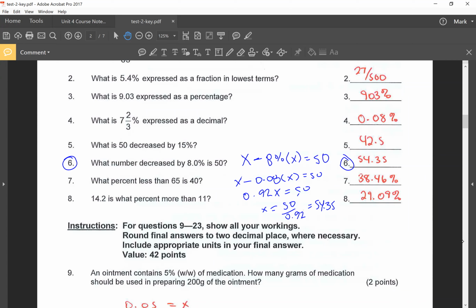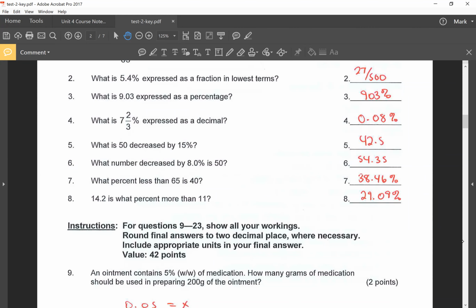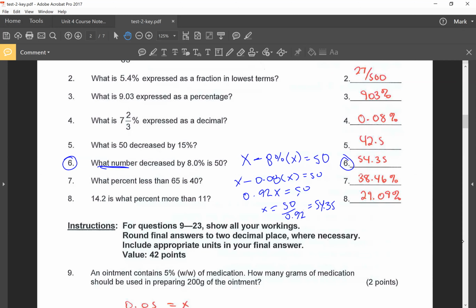But 54 decreased by 8% does make a little bit more sense. So again, what number, X, decreased by 8%, so that number subtract 8% equals 50. That was probably one of the harder ones of the fill in the blanks. Okay, so there's the answer for that one.